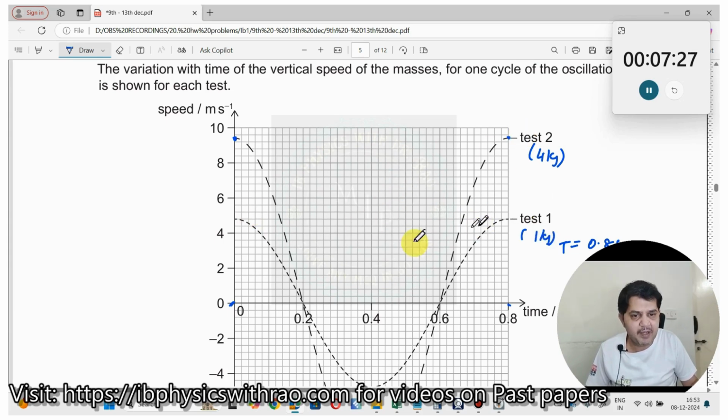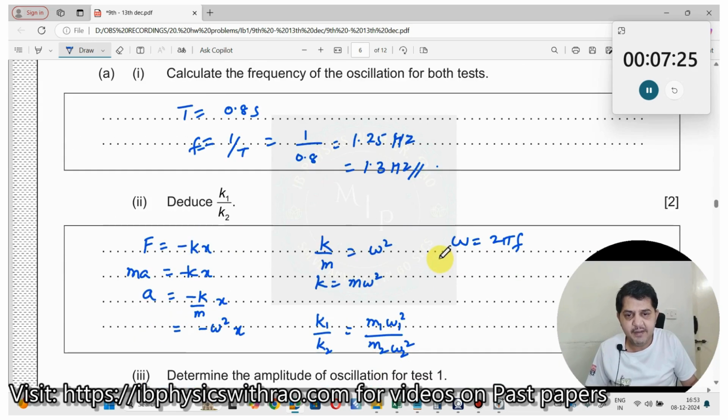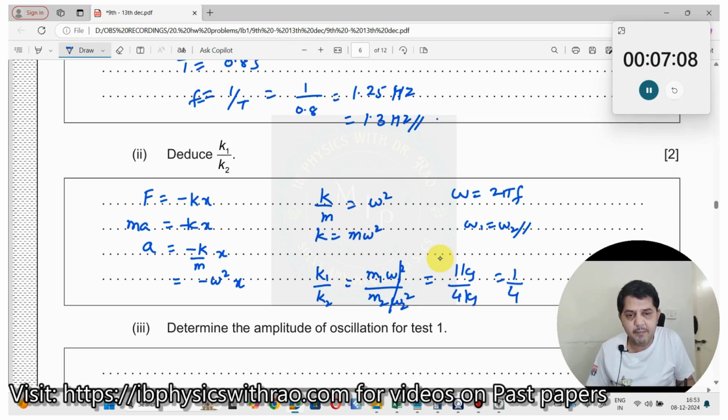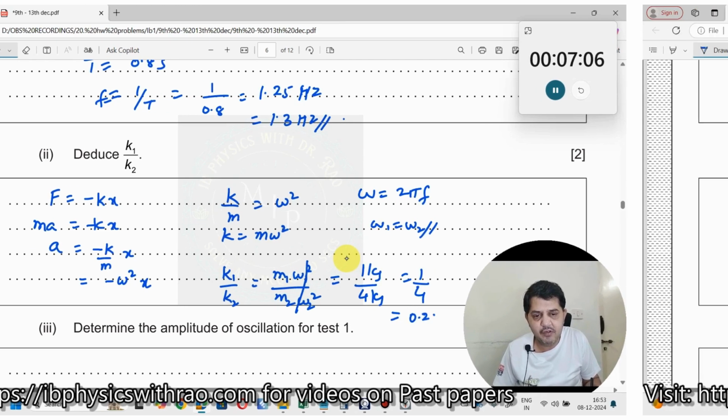No. Time period is same, frequency is same, which means that F1 is equal to F2, or omega 1 is equal to omega 2. When omega 1 is equal to omega 2, this cancels away and you get M1 by M2. M1 is 1 kg, M2 is 4 kg. So this should be equal to 1 by 4, which is 0.25.